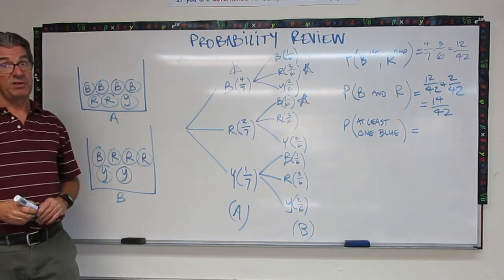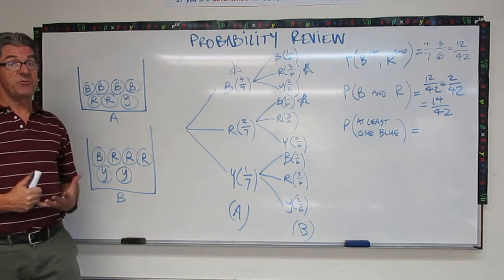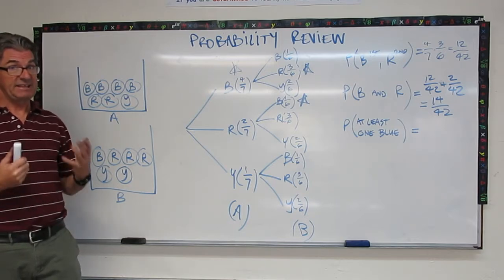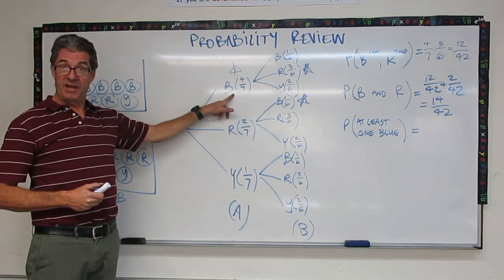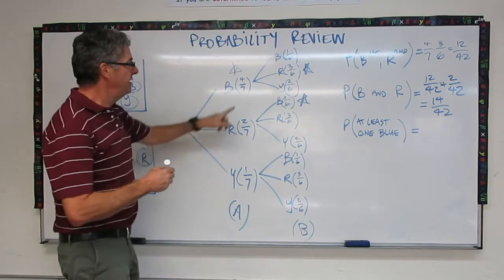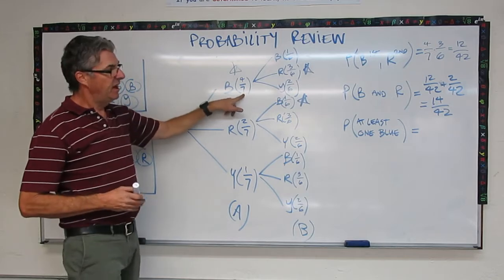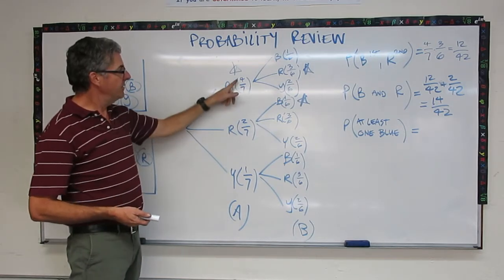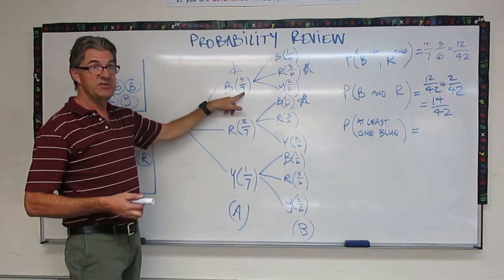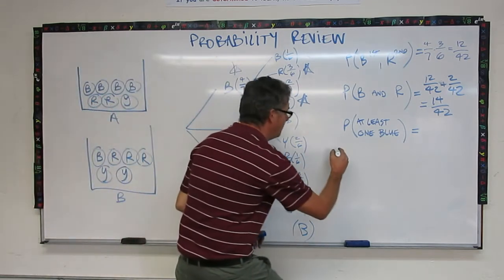At least 1 blue. So there's 3 pathways to get 1 blue at least. Draw it on the first one. You're there, okay? So we're going to add this one up. Now 4/7, I noticed over in my fractions I'm using 42 as a base a lot, so I'm going to convert 4/7 to 42s, and that's 24/42.